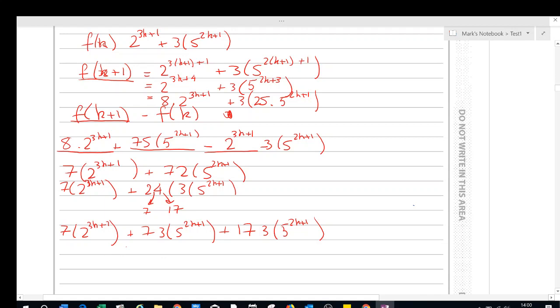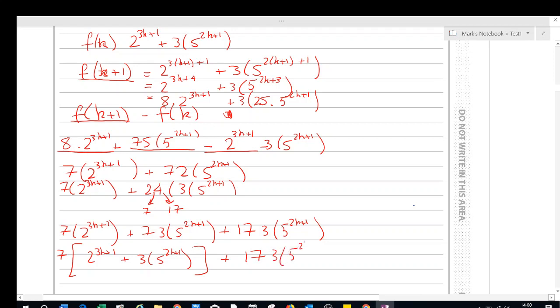Now we could factorise out the 7: 7 times (2 to the 3k plus 1 plus 3 times 5 to the 2k plus 1), and plus 17 times this amount here.